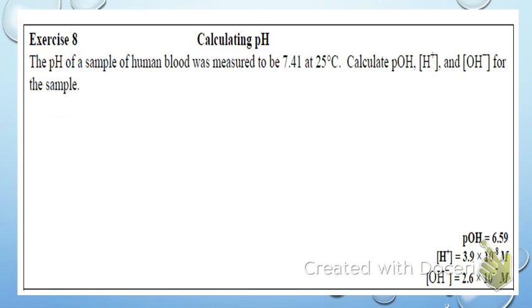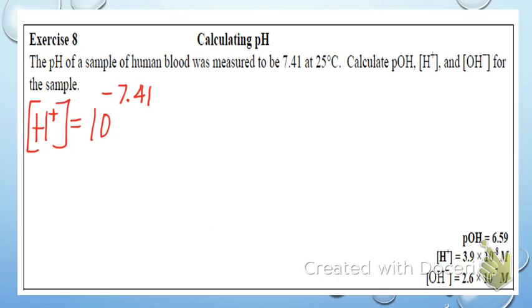Okay, so what did I tell you about pH? How can I get to the hydrogen concentration? We're going to take that H plus concentration, and we're going to say 10 raised to the negative 7.41.